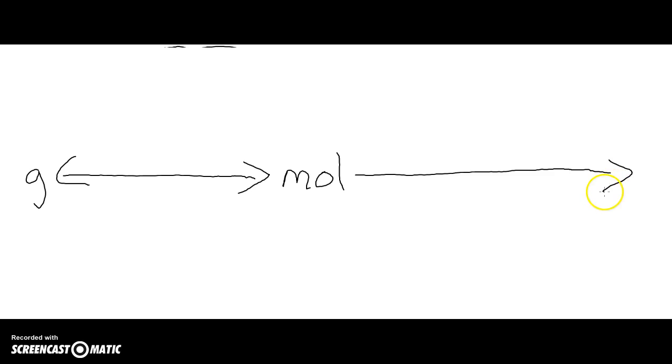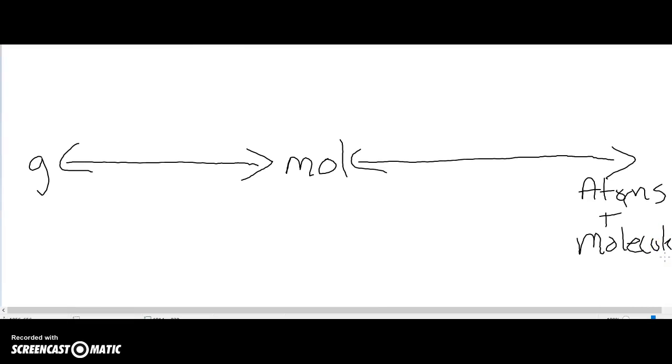For number 6, you have this sort of thing where it has grams, I'm just going to abbreviate, on the far left, an arrow, moles, again I'm abbreviating, and then atoms and molecules.